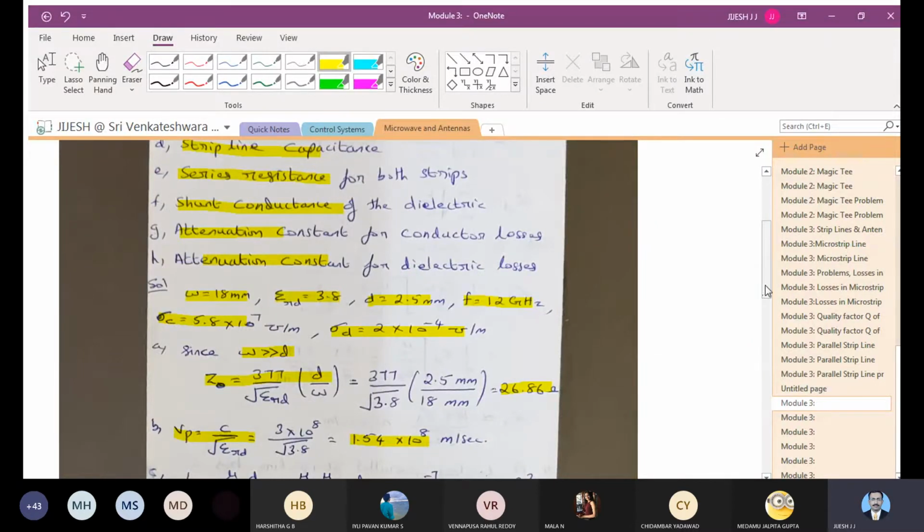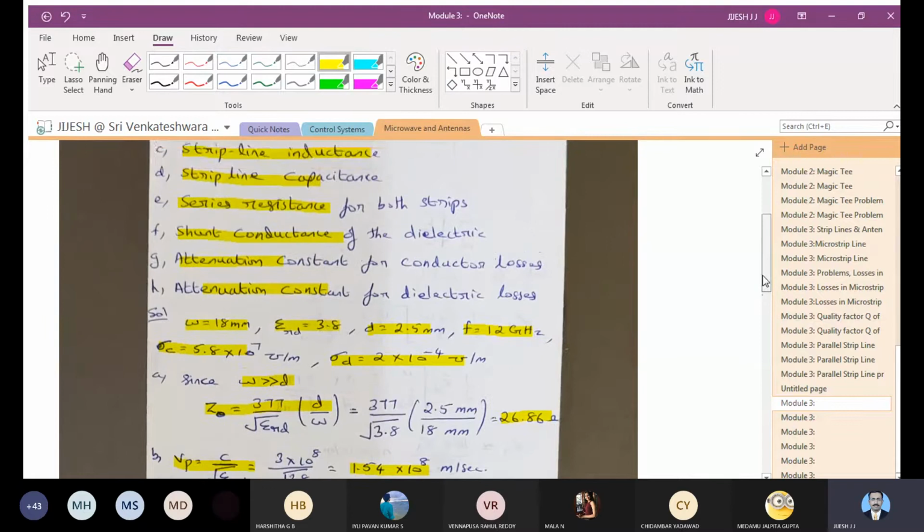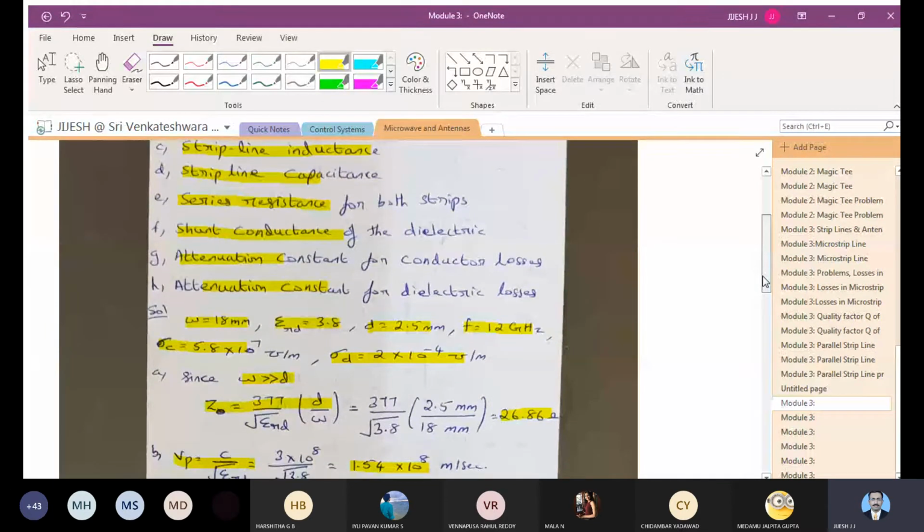So we have completed Vp. Then it is strip line inductance.